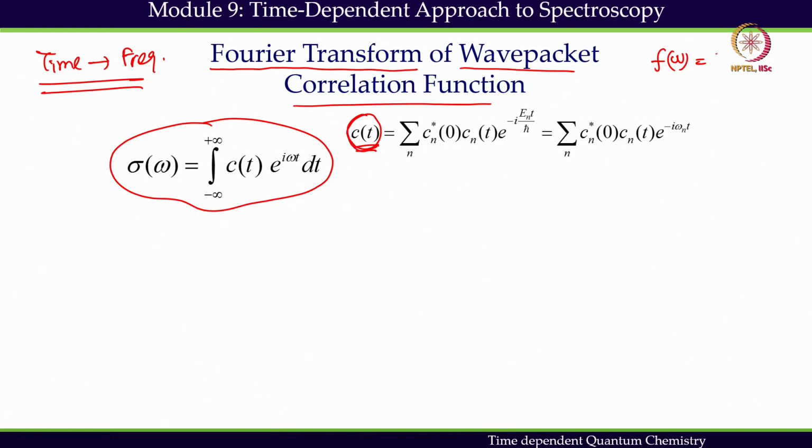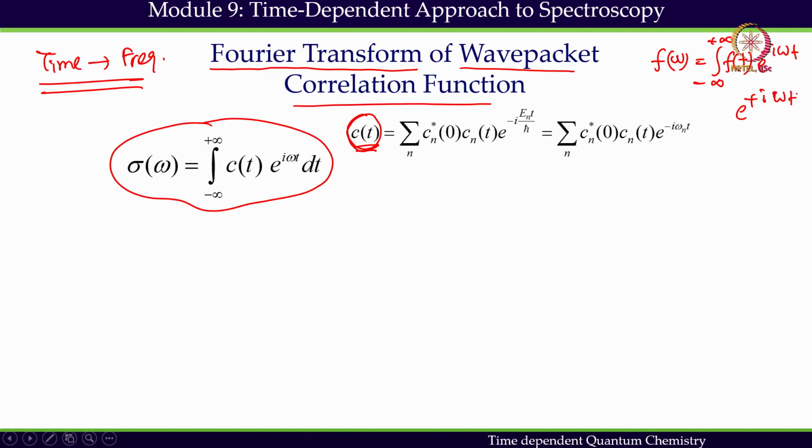If we consider f(t) e to the power minus i omega t, then the inverse Fourier transform would be e to the power plus i omega t.